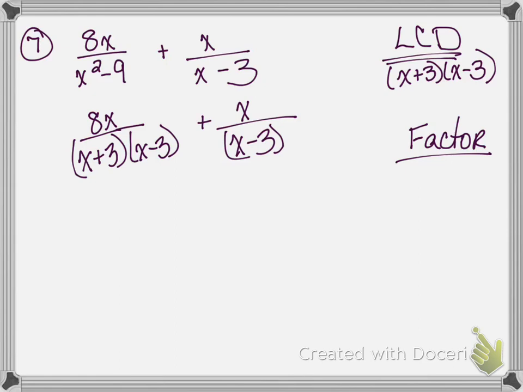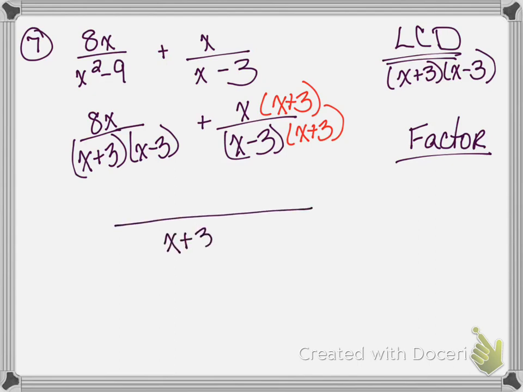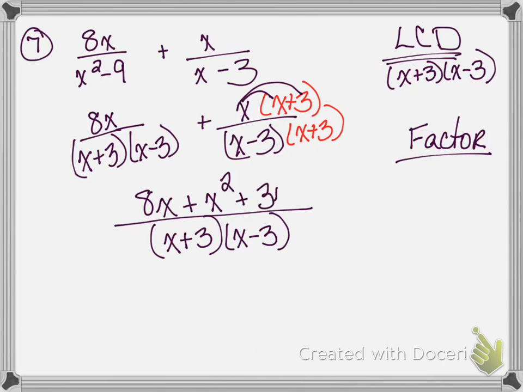I do have to multiply my second one, x plus 3 over x plus 3, because it is missing the x plus 3. So now my denominator is taken care of. And so I have x plus 3, x minus 3 in the denominator. I have 8x. Then I'm distributing my x here. So then I have x squared plus 3x.